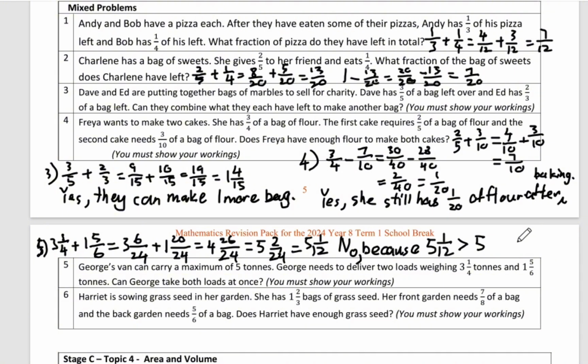So question 6. Harriet is sowing grass seed in her garden. She has 1 and 2 over 3 bags of grass seed. Her front garden needs 7 over 8 of a bag, and the back garden needs 5 over 6 of a bag. Does Harriet have enough grass seed?